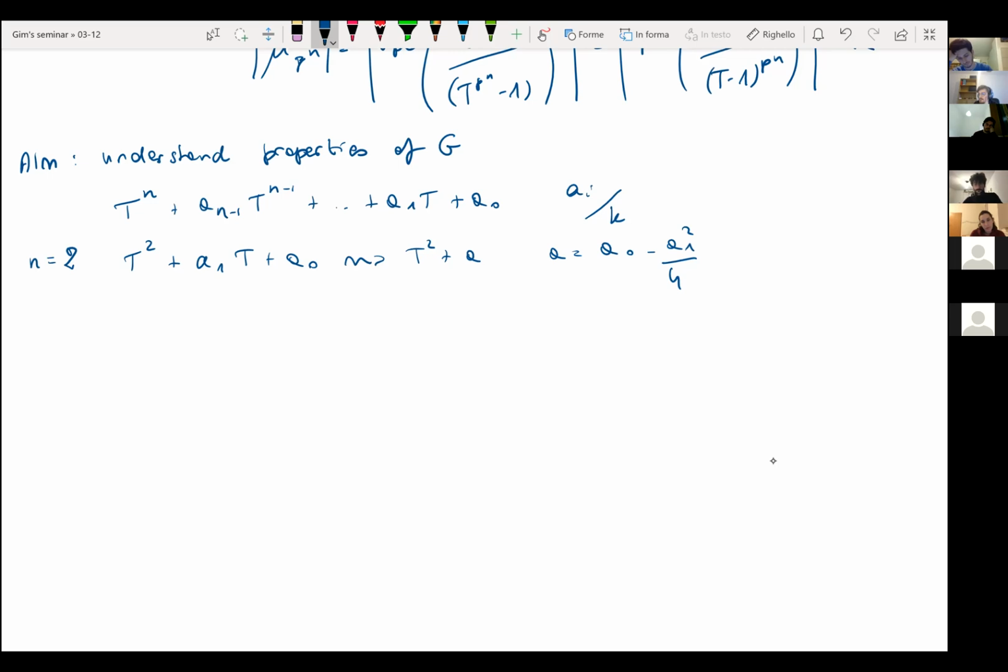So to conclude, I would like to give you an example of an action of a K-group scheme on a scheme. So we can consider this infinitesimal K-group scheme α_(p^n). So I recall that this is the spectrum of K[t]/(t^(p^n)).